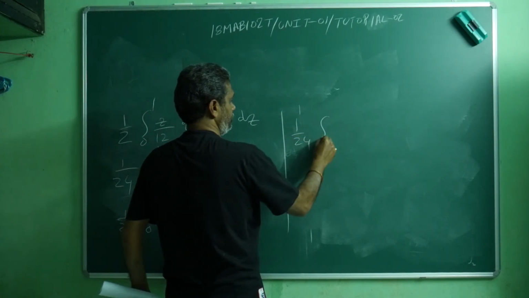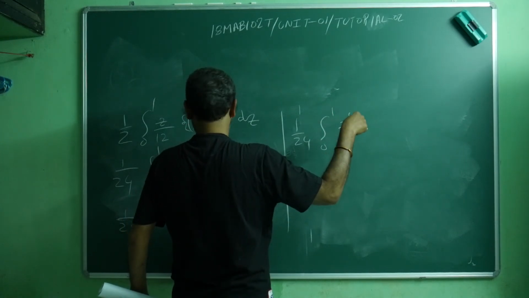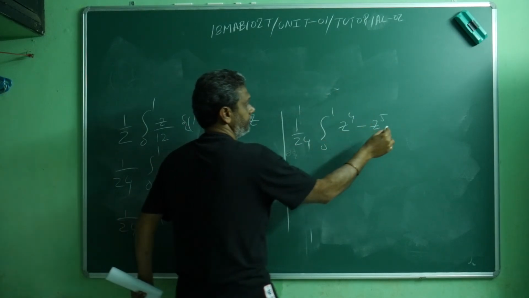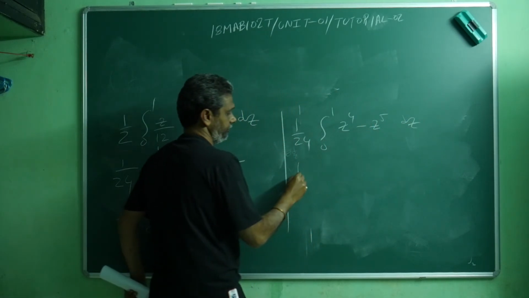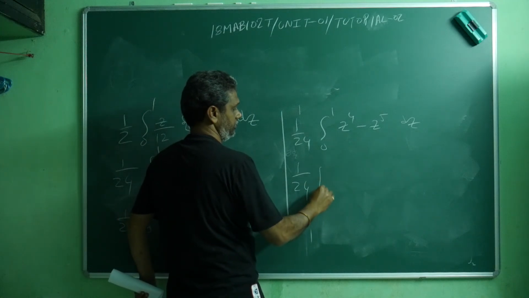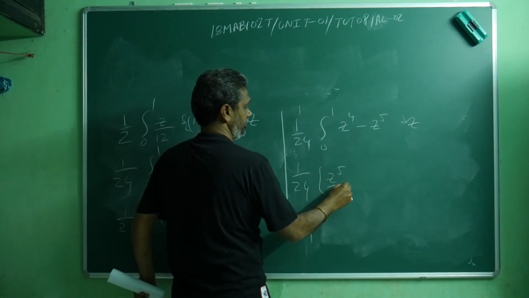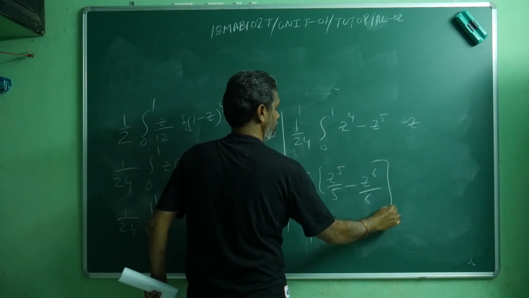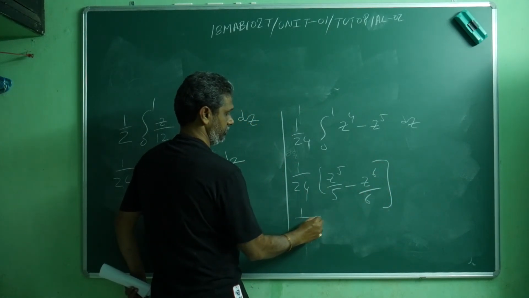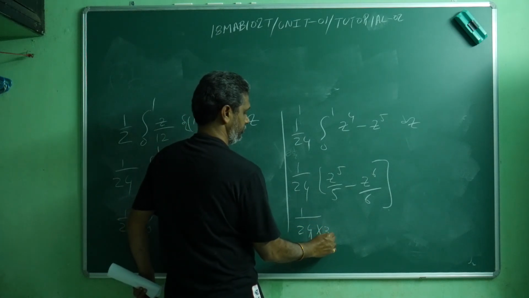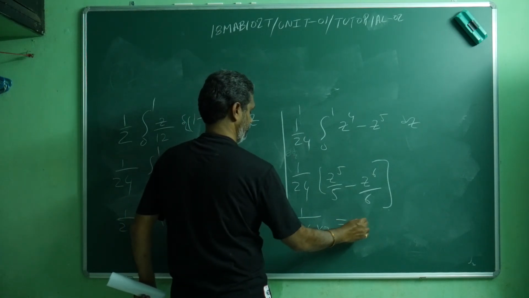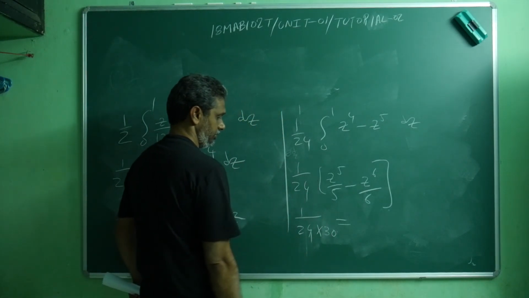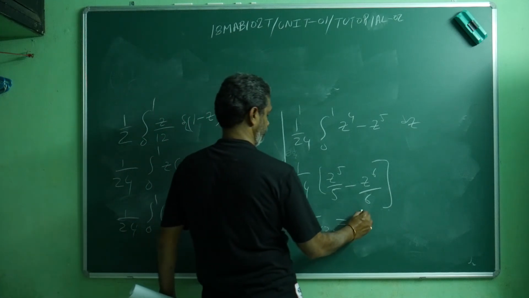This you can take inside 0 to 1 z power 4 minus z power 5 dz. So 1 by 24, this is what, z power 5 by 5 minus z power 6 by 6. So this is what, 1 by 24 into 3 into 20, 600, 3 into 40, 120.